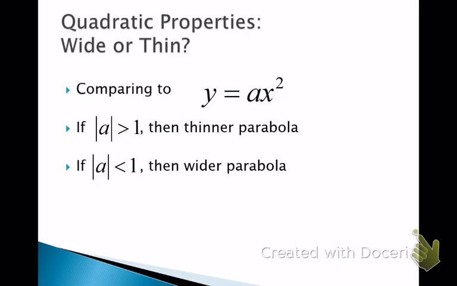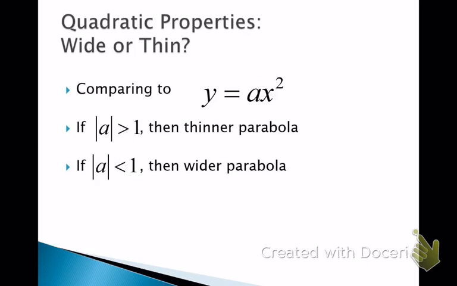In other words, the bigger the absolute value of a, the thinner the parabola gets. And the smaller the absolute value of a gets, the wider the parabola gets, which is sort of counterintuitive. You would think that if a were bigger, then the parabola would be wider, but it's the opposite. The bigger the a, the thinner the parabola. The smaller the a, the wider the parabola.